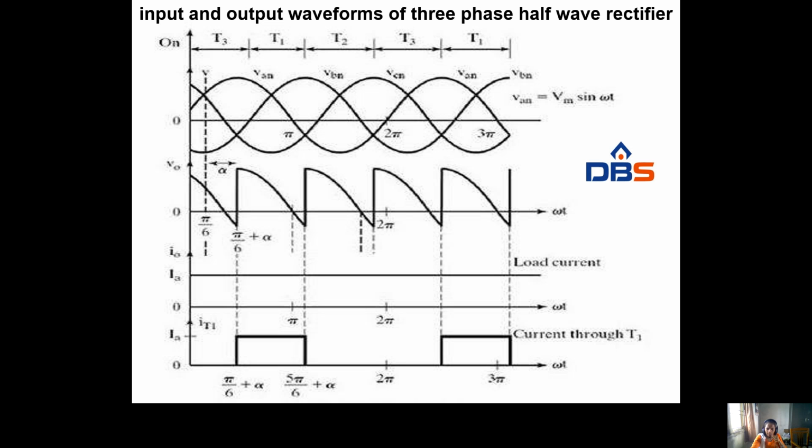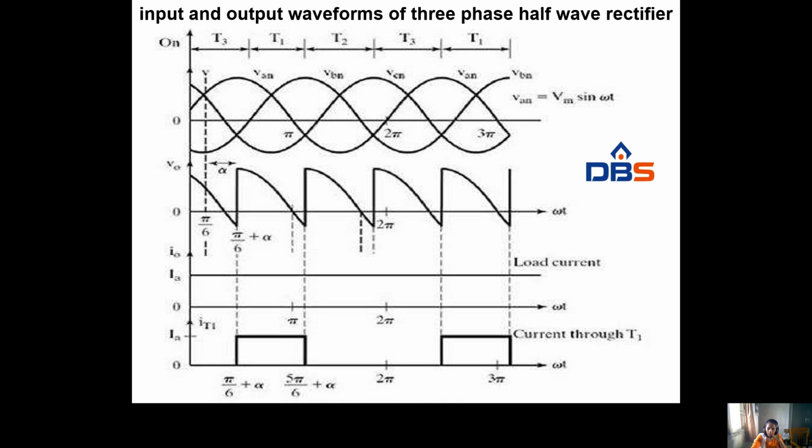So output voltage V0 will be in continuous mode of operation, and I0 also will be continuous load current.